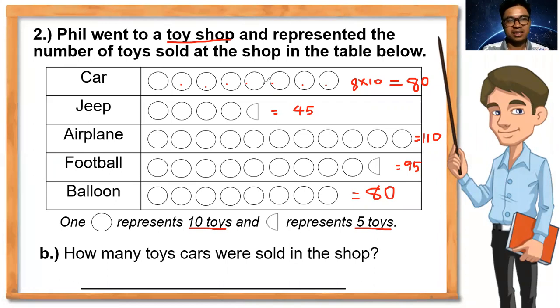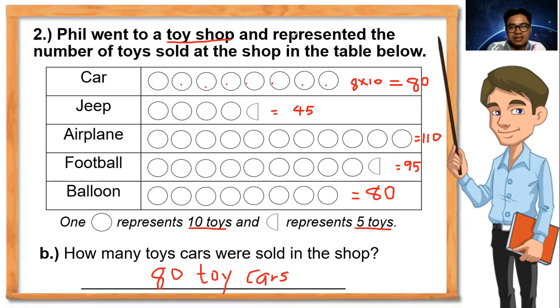We have here 80 toy cars. This is the answer now. So 8 times 10 equals 80. 80 toy cars. Okay, are you finished?